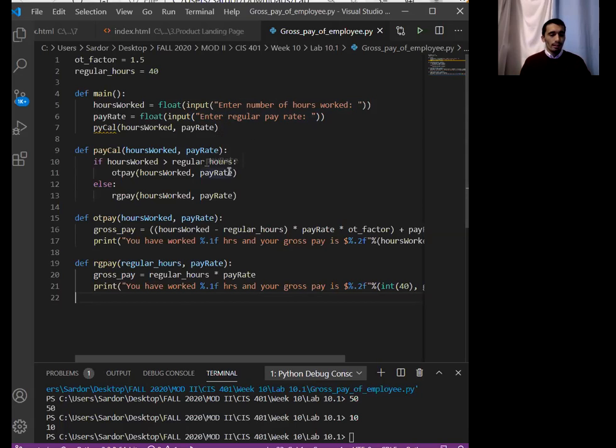All right, within that, we are using if else statements. The first statement is calling on OT pay, and we're defining that in our first with the formula gross pay. And if it is not true, it is moving forward with regular pay, which is that.